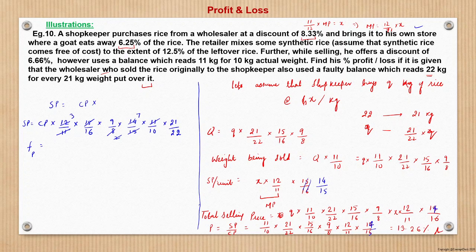So this gives 12.75%. Right. So directly I write profit will be 12.75%. So essentially I have done the same thing what I had done here in the red ink.